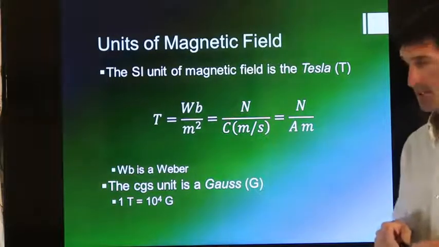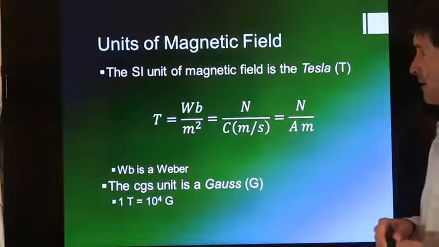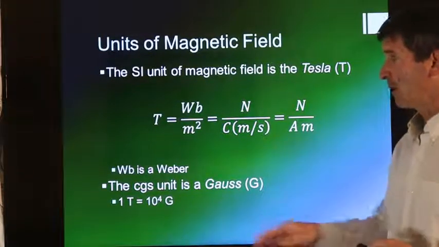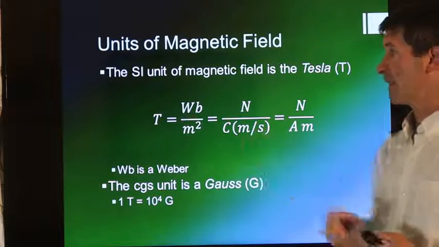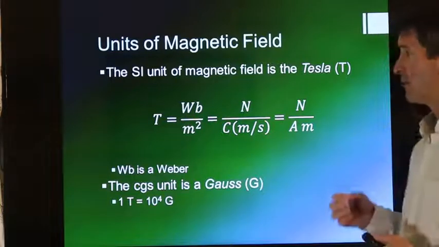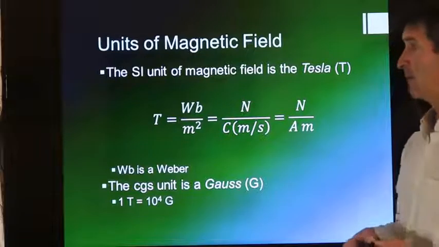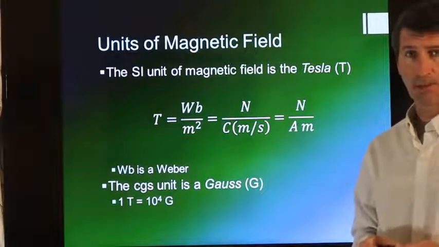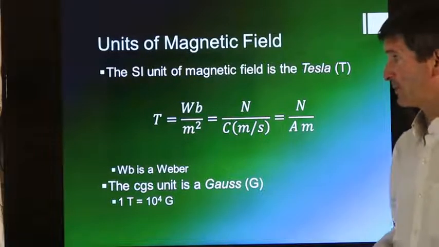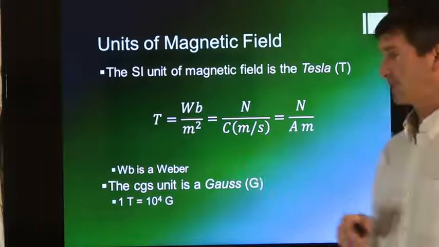This is basically the SI unit for the magnetic field. 1 Tesla, which is named after Nikola Tesla, is a really, really large, intense magnetic field. Most of the time when we're dealing with magnetic fields, we would be dealing with fields much less than 1 Tesla.